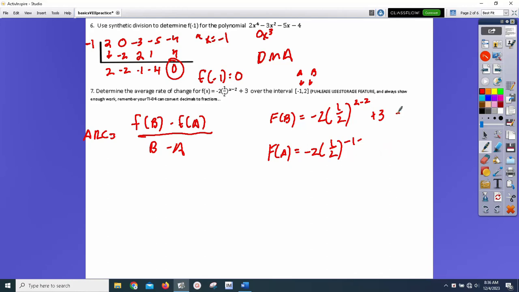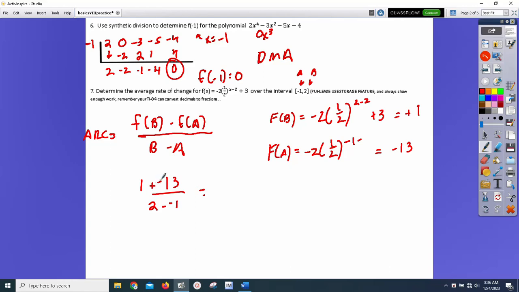Anyways, where was I? This guy was a negative 1, and this guy was a negative 13. Sorry, that guy was not negative 1. It'd be a 0, 1. That'd be positive 1. All right, so no more using that calculator. F of b ended up being a 1. I am to take away a negative 13, and that is sitting over b minus a, which is 2 minus a negative 1. Now 1 take away a negative 13 is a positive 14.